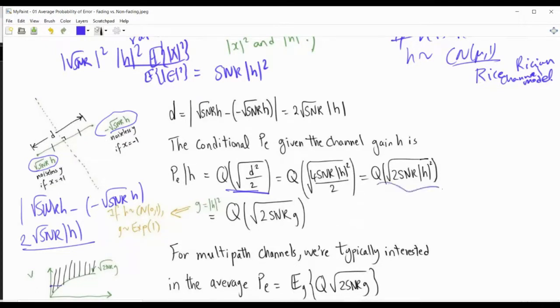Here is the Q function. It's the probability of error, accounting for the additive white Gaussian noise but fixing H. We are here conditioning on H.